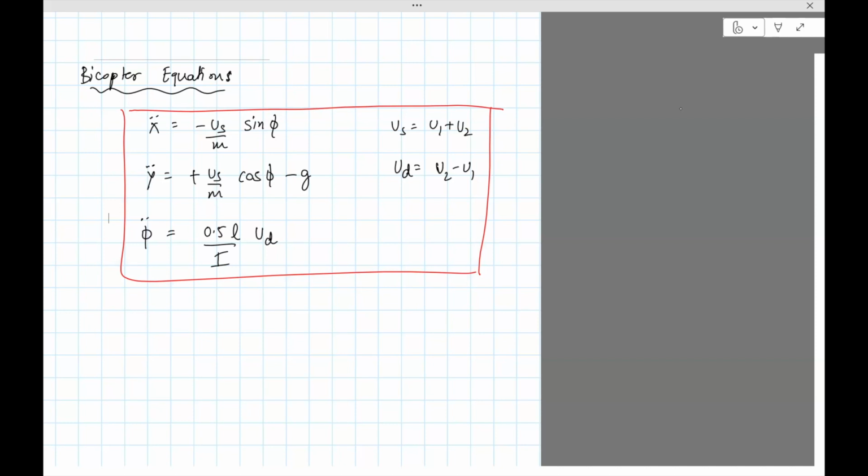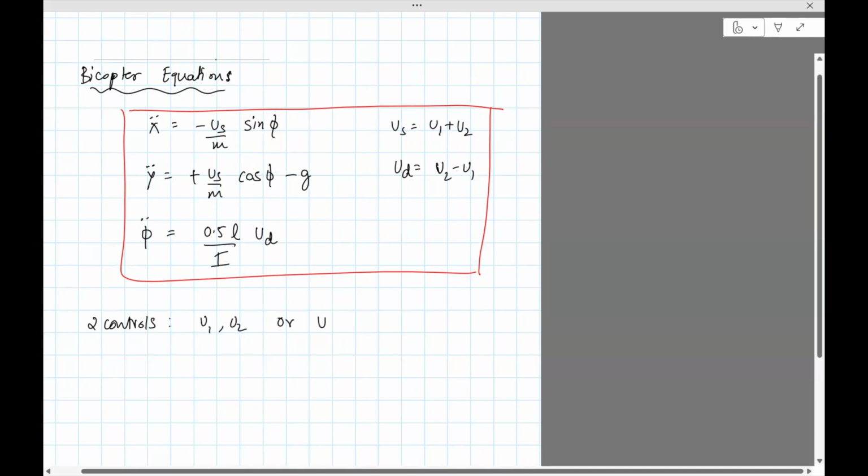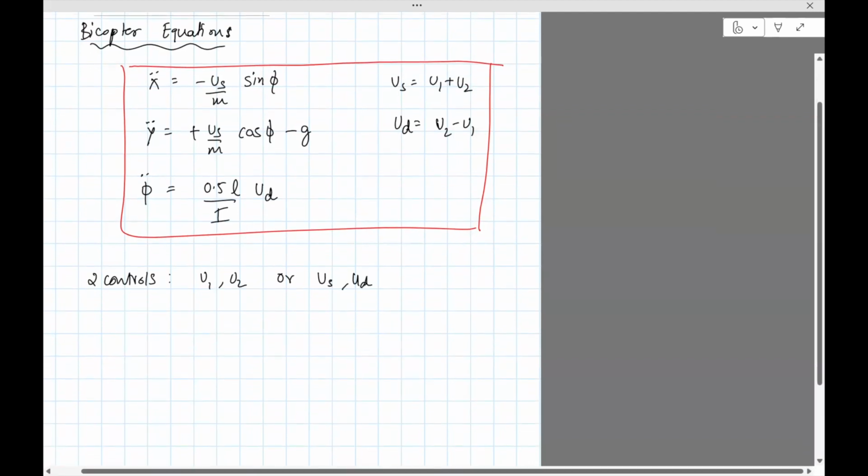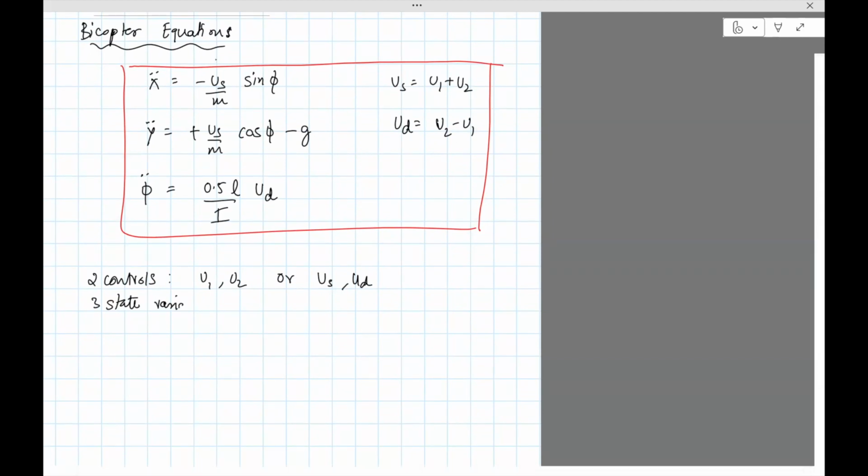Okay, now with that, here are some things to note. We want to eventually use these equations, and this is what we'll do today, to control the bicopter. What you see is there are two controls, which you can list either as u1 and u2, or u_S and u_D, where u_S is the sum of the two and u_D is the difference. But there are three state variables: x, y, and phi.